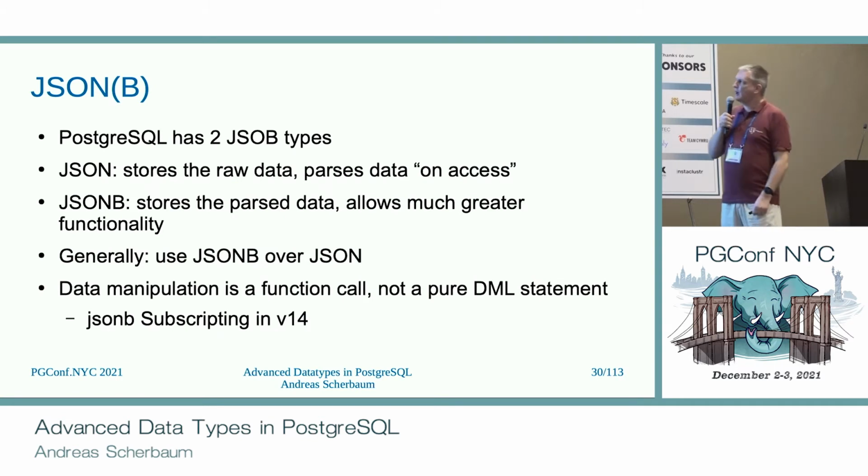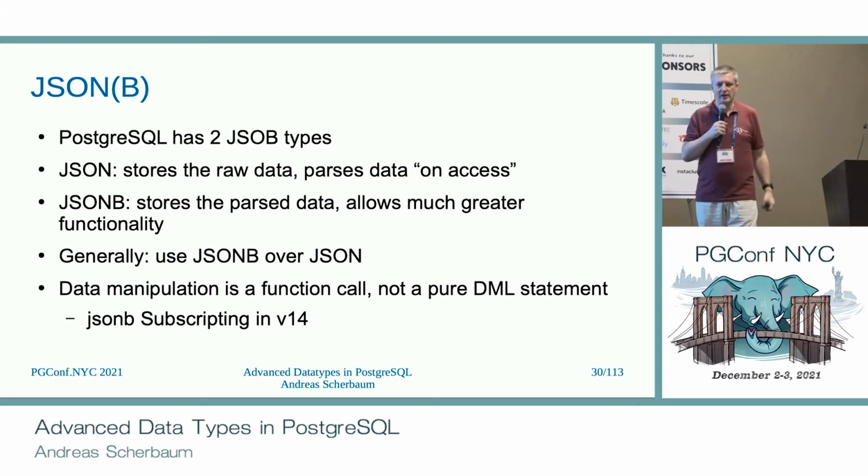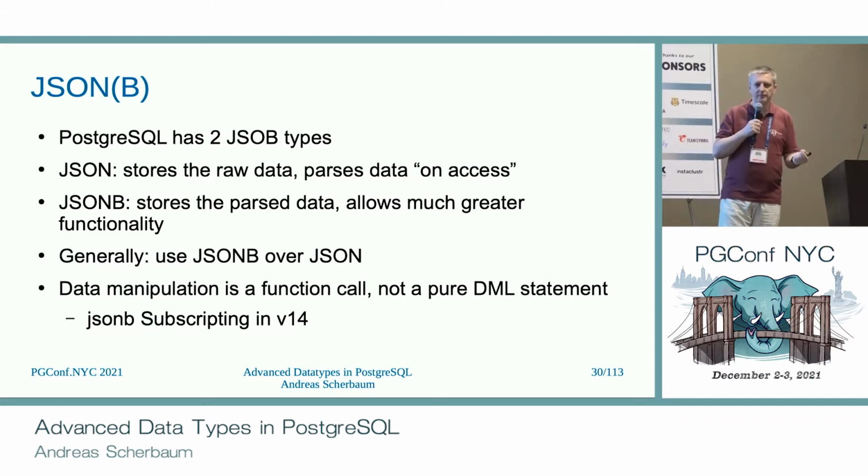Okay, in Postgres we have two JSON types. One is called JSON. It stores the raw data as it is, and when you access the field, it will do the parsing on the fly every time you access the field. So whether the JSON in your data is valid or not, you only find out when you read the value, when it's parsed.